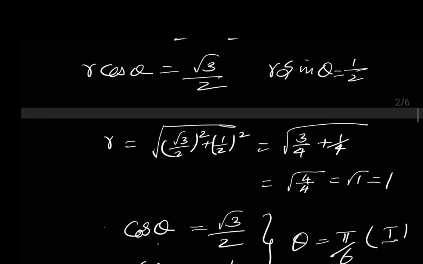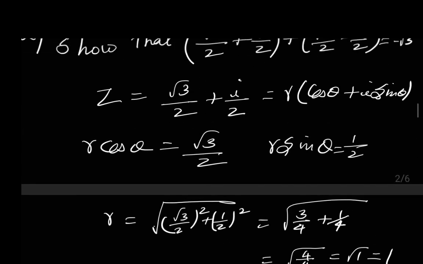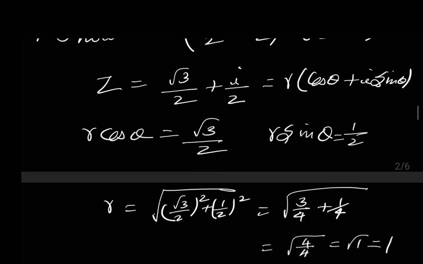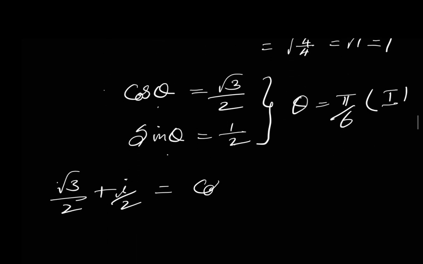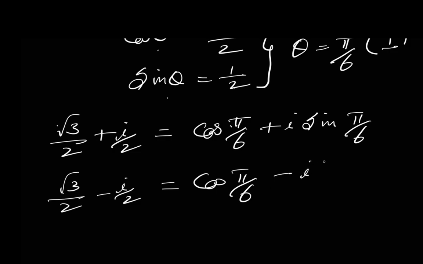Therefore the first complex number, root 3 by 2 plus i by 2, is equal to, substituting r as 1 and theta as pi by 6, cos pi by 6 plus i sin pi by 6. So its conjugate, root 3 by 2 minus i by 2, is cos pi by 6 minus i sin pi by 6.